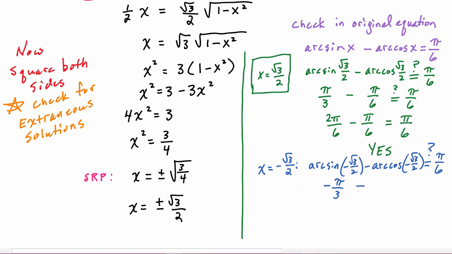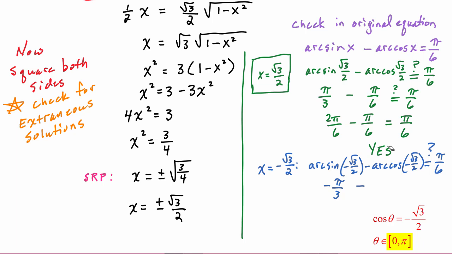And we have to subtract the arc cosine of negative root 3 over 2. So we ask ourselves, what angle would it be true that the cosine of theta is negative root 3 over 2, and theta has to live between 0 and pi?